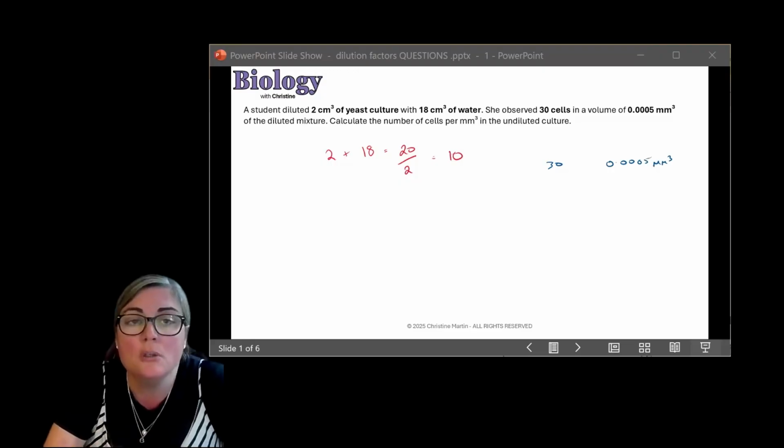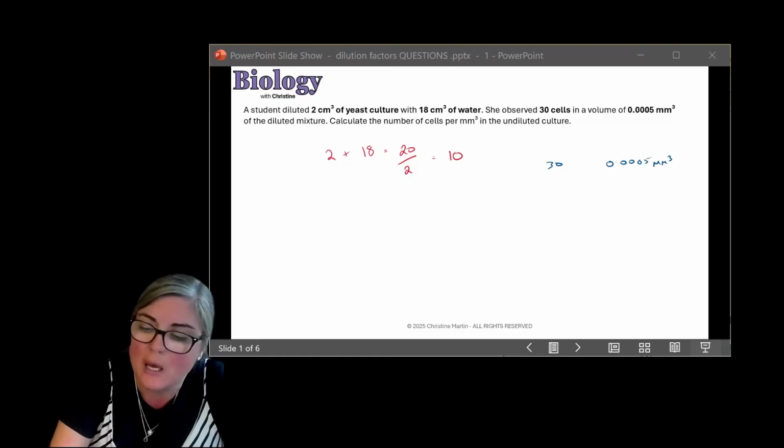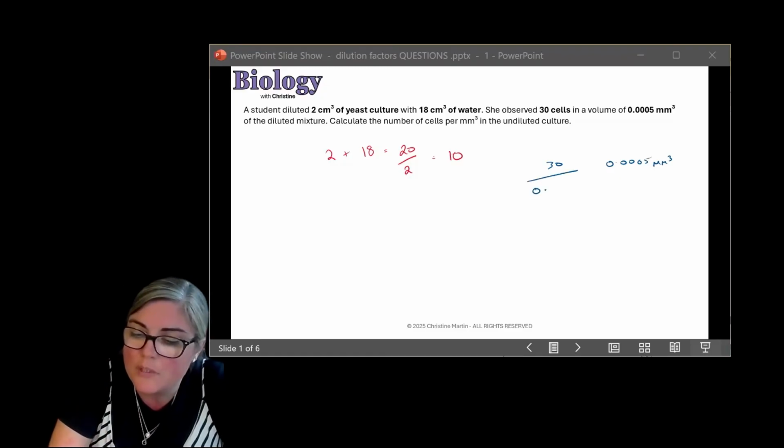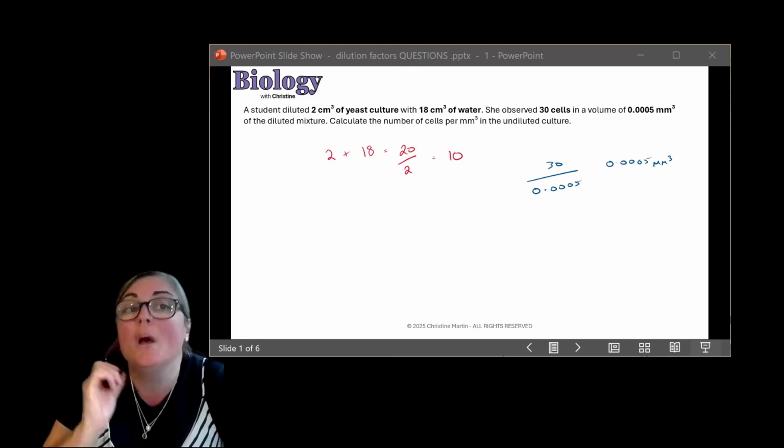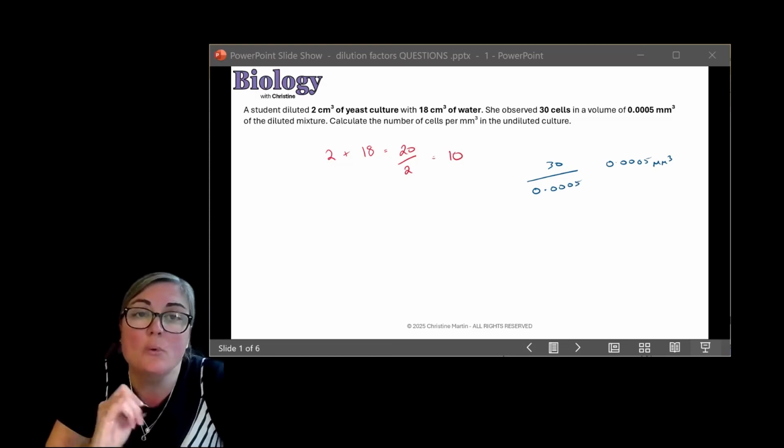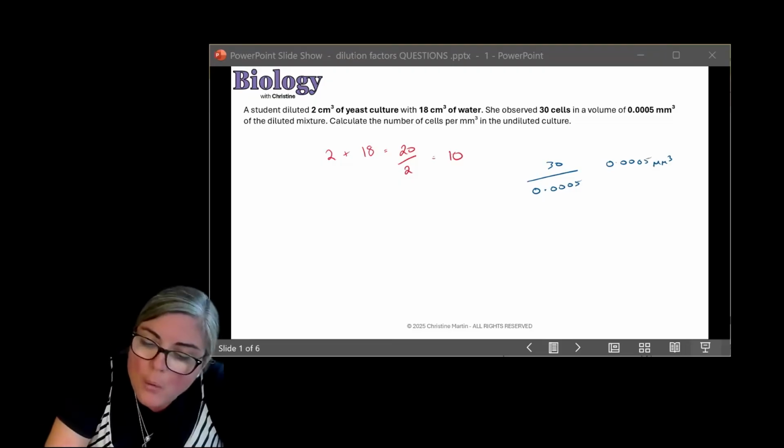What you want to do is take that 30, the cells that have been counted, and divide that by that volume of 0.0005. And that will tell you how many cells you have got in 1 millimeter cubed.